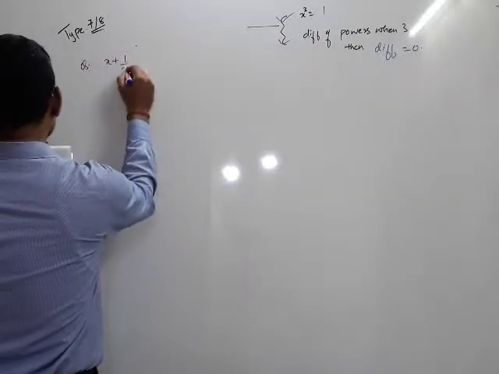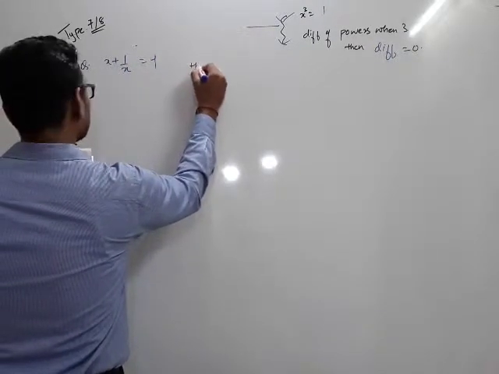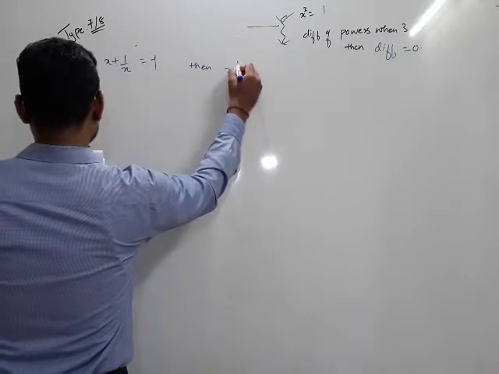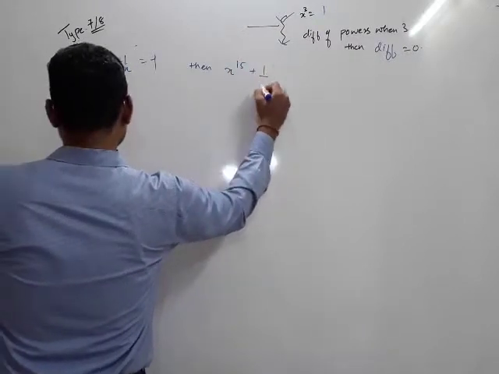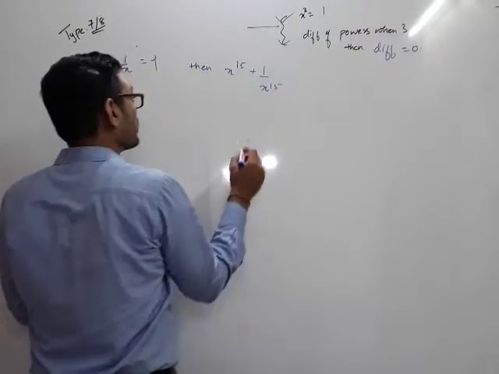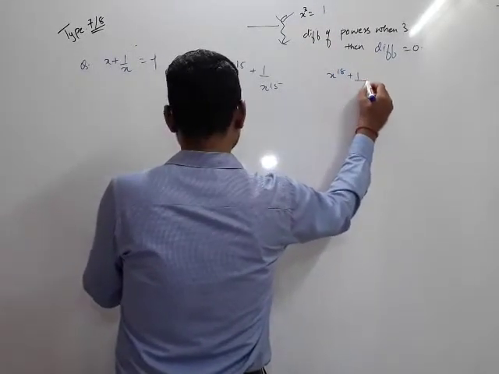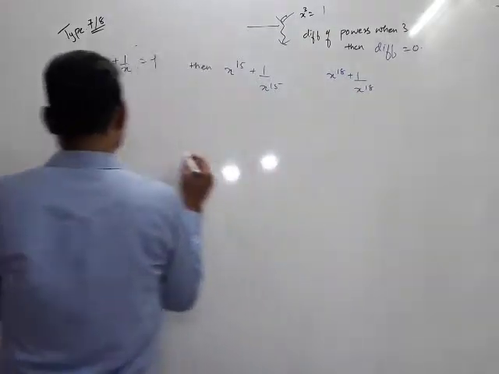X plus 1 by x is minus 1. Then x raised to 15 plus 1 upon x raised to 15. What are the different types of questions? I'll just write over here. X raised to 18 plus 1 upon x raised to 18.